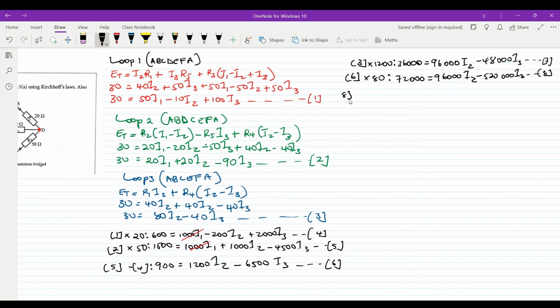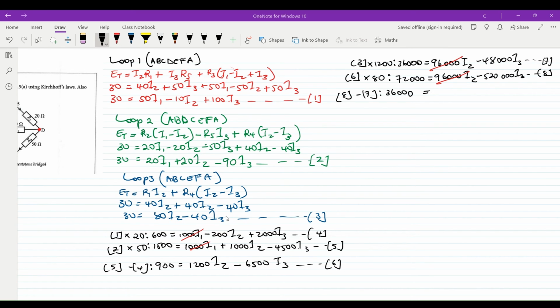Then we want to say equation 8 minus equation 7. So we're going to say 72,000 minus 36,000. This would give us 36,000. This and that will then subtract each other.